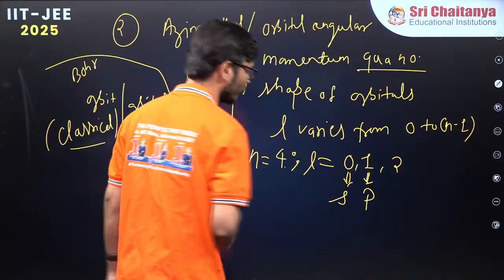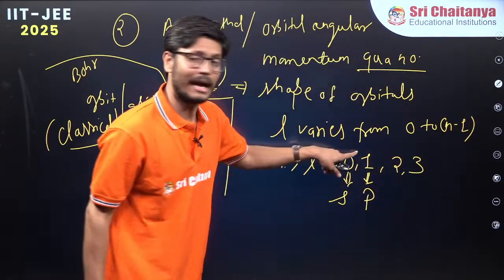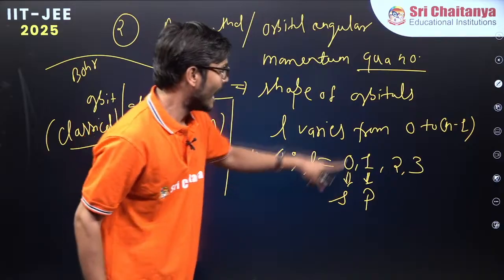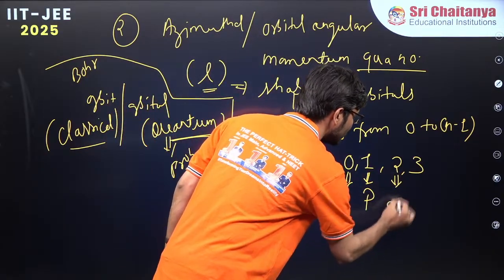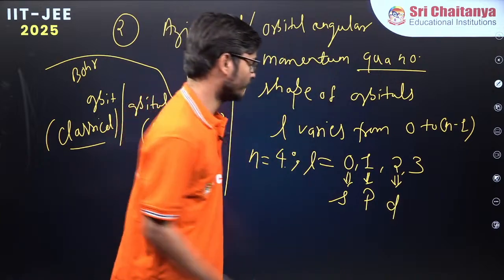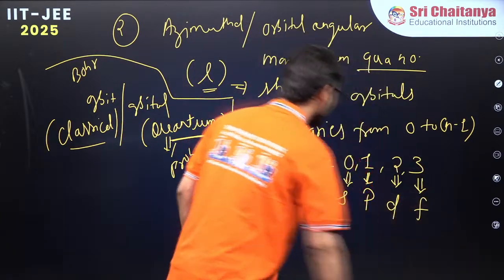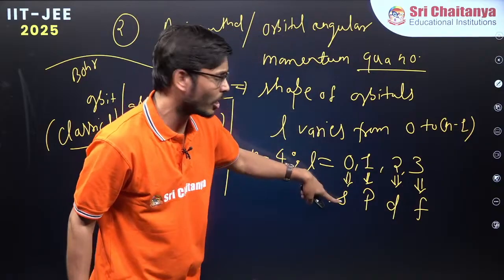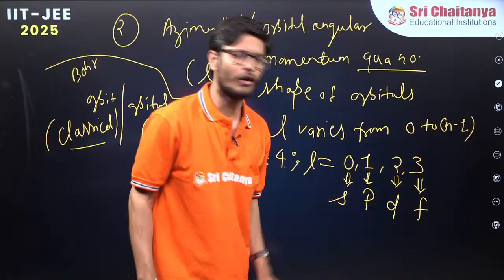N equal to 4 means L is equal to 0, 1, 2 and 3. So L equal to 0 means s orbital, L equal to 1 means p orbital, L equal to 2 means d orbital, and L equal to 3 means f orbital, spdf.